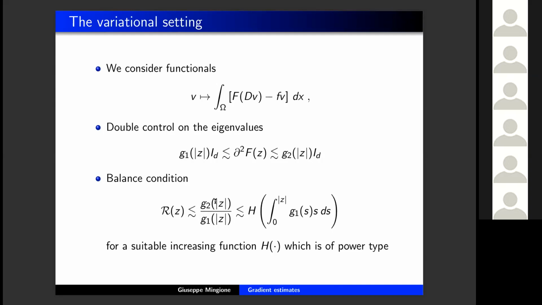You prescribe that the non-ellipticity ratio, or the ellipticity ratio, grows no faster than a certain power of the lower energy density.